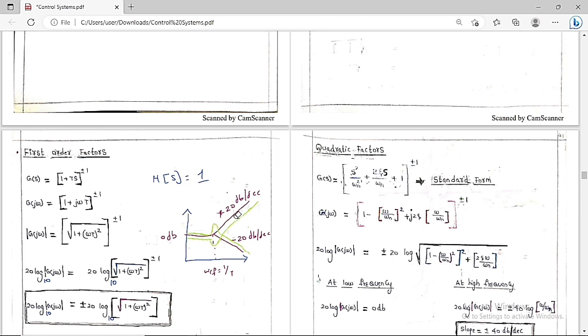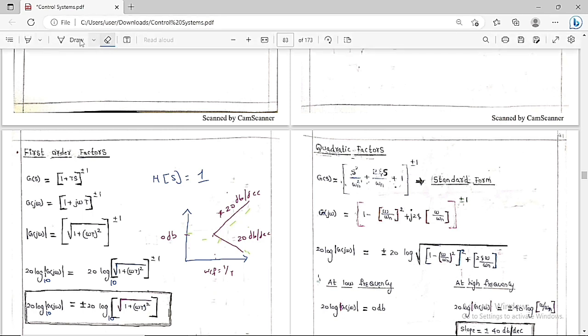Small correction here. Let me show you the actual picture so that you can easily understand the concepts. I am going to grab this graph so you can easily see what I am trying to tell you. I will use another pen. This is 0 dB.